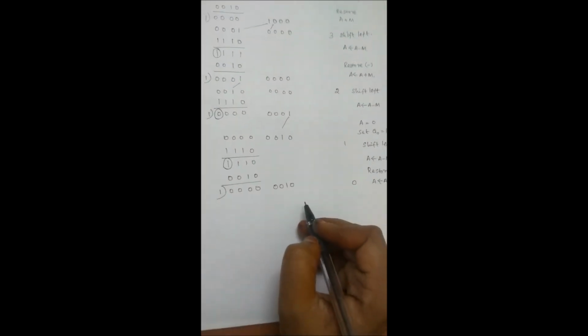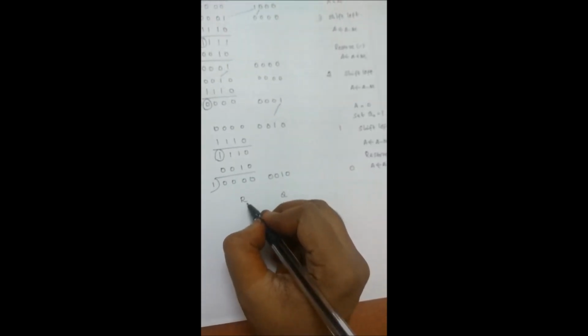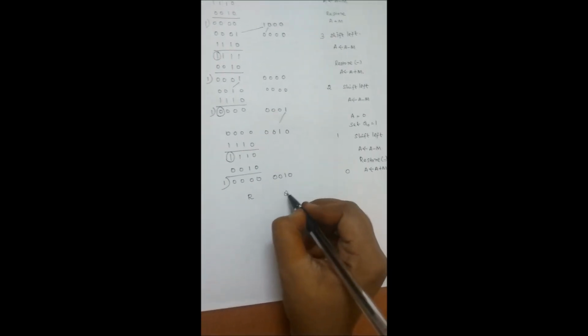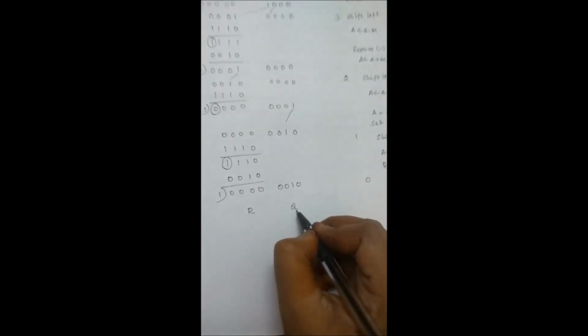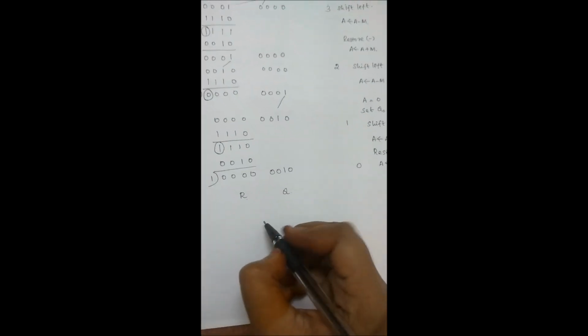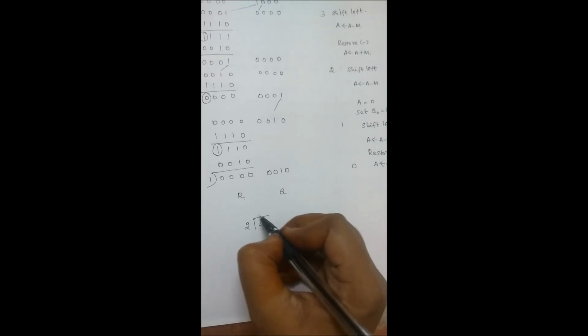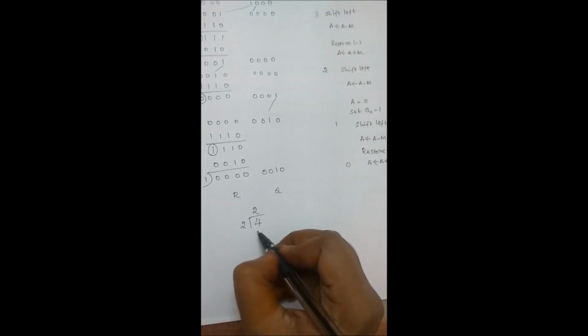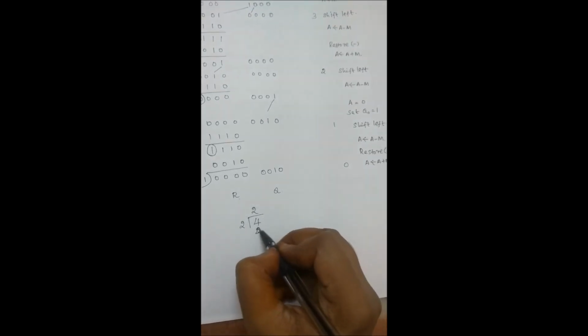Let us check the value. This will be the remainder, and this will be the quotient. A is considered as the remainder, and Q is considered to be the quotient value. Let us do the operation: 4 is the dividend and 2 is the divisor. If we divide, the quotient is 2, and the remainder will be 0.